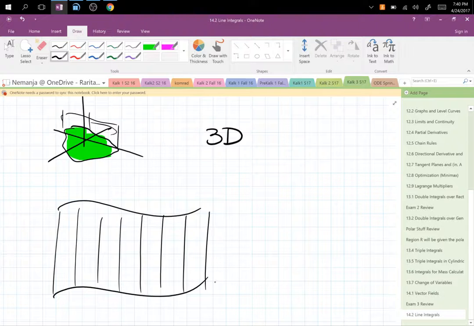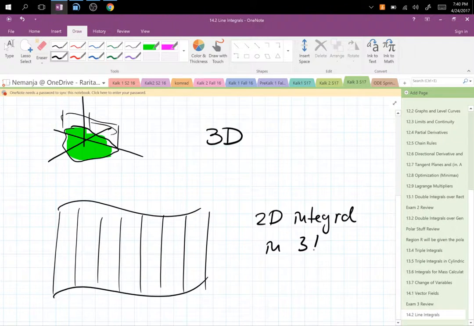Just think of a curtain at all times that gives you the area that you are computing. So this is a 2D integral in 3D space, 3D environment.